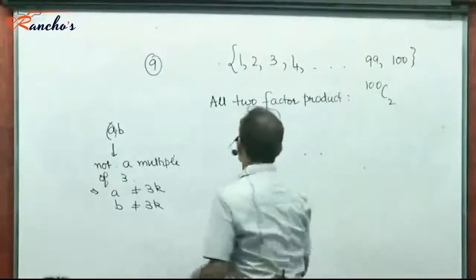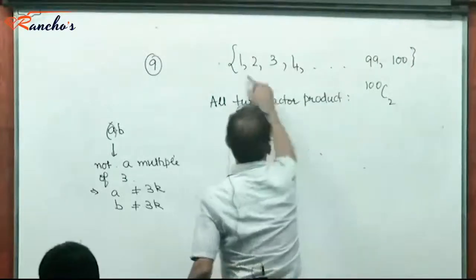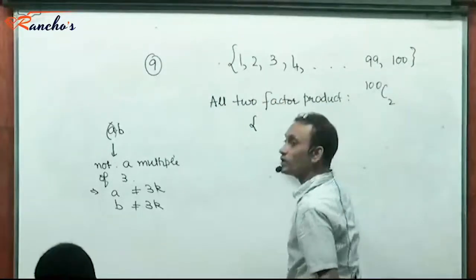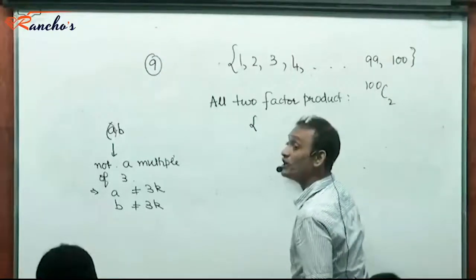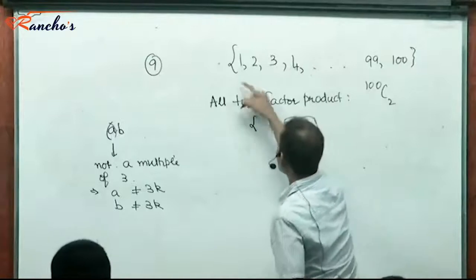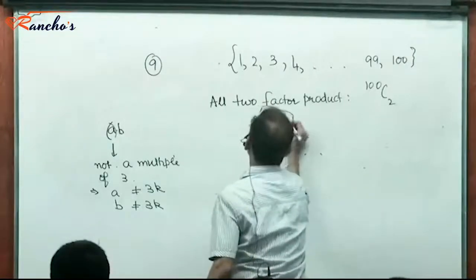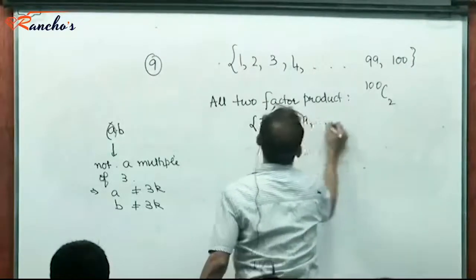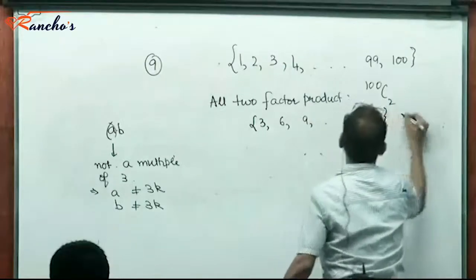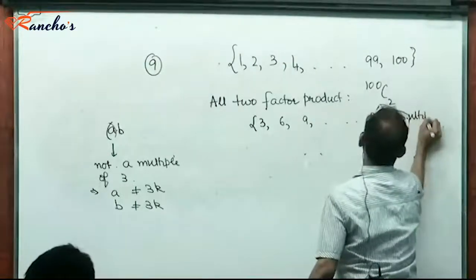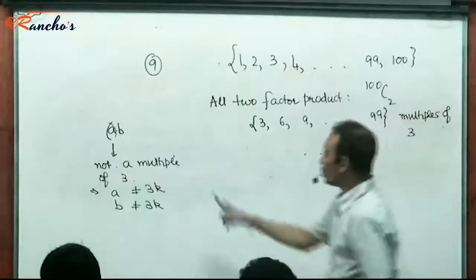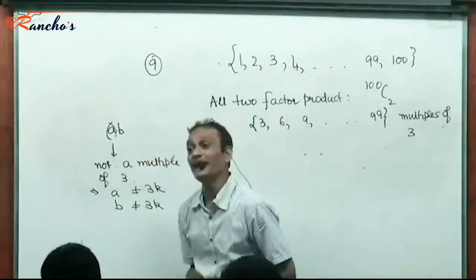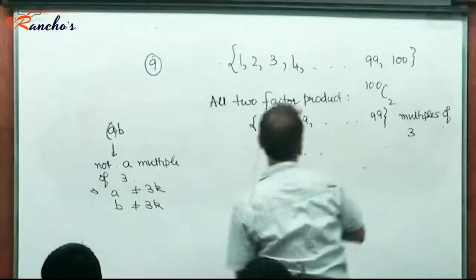Now, from these numbers, those that are multiples of 3 are how many numbers? 33, isn't it? Those that are multiples of 3, 3, 6, 9, up to 99 are all multiples of 3. In order to find AB such that A and B are not multiples of 3, I can't select from this set.